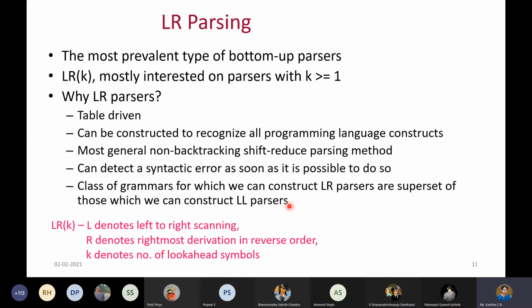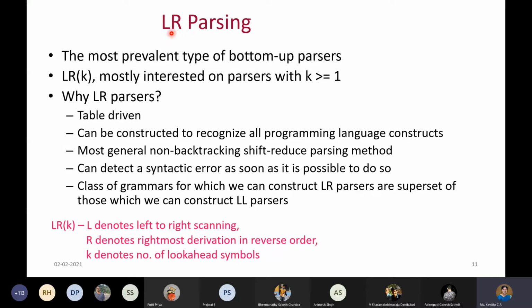Now let us see what is LR parsing, and which are the different techniques that come under this class. LR parsing means, as you know, that the L stands for left to right scanning. That is, the reading is always from left to right, and R stands for the rightmost derivation in the reverse order.